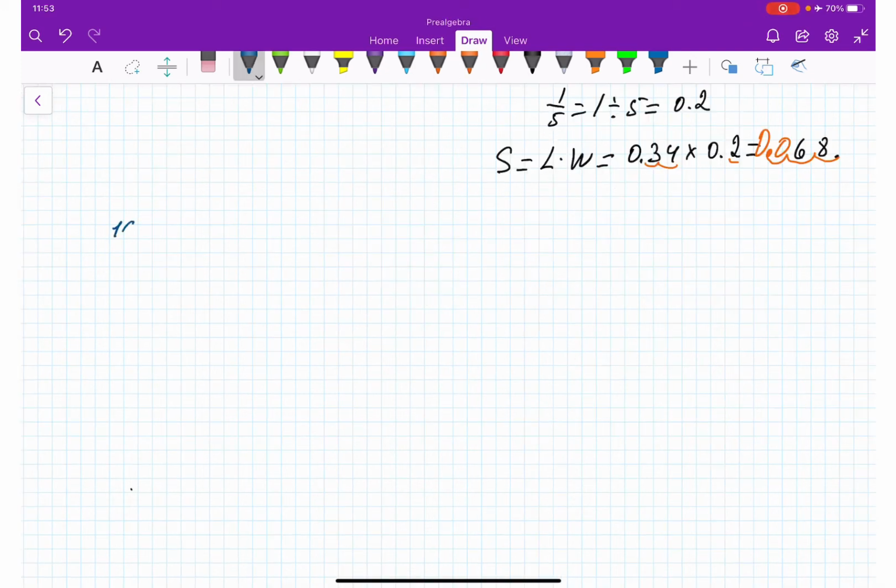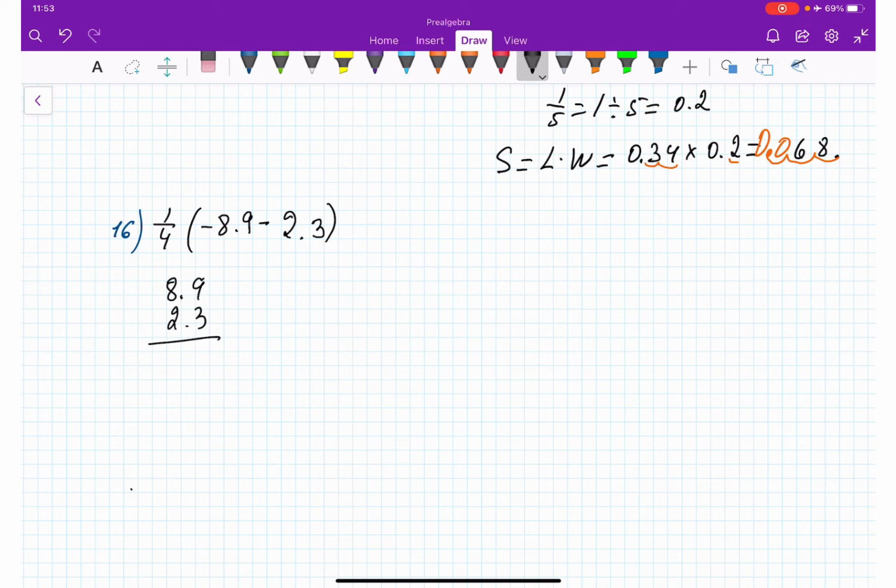Question number 16. We have 1/4 times negative 8.9 minus 2.3. To remind you, when both numbers are negative, we need to add and the sign will be negative, right? So I'm going to add 8.9 and 2.3.